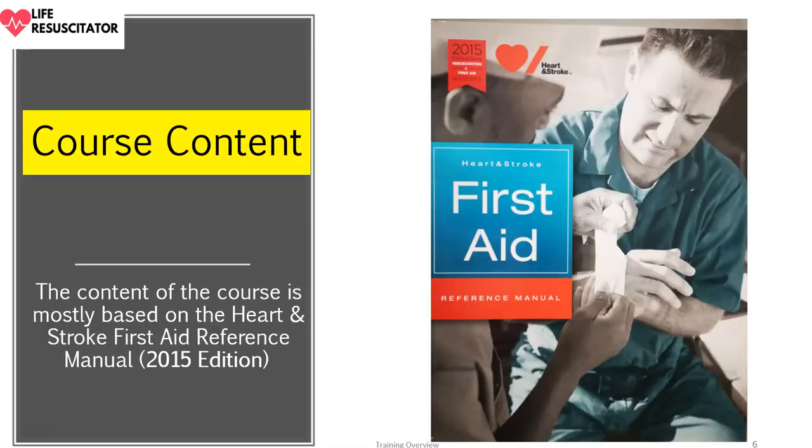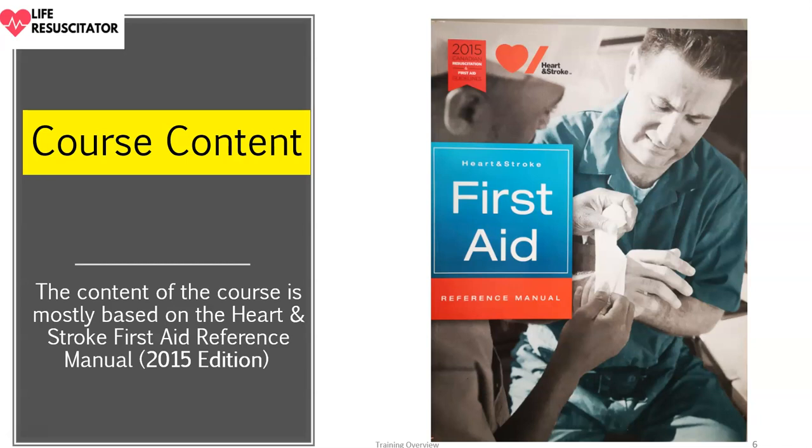So course content. The content of the course is mostly based on the heart and stroke first aid reference manual. Okay, the one that will be used in the training is 2015 edition. Okay, in future there may be newer edition, but the one we're using for the training as at today is 2015 edition.